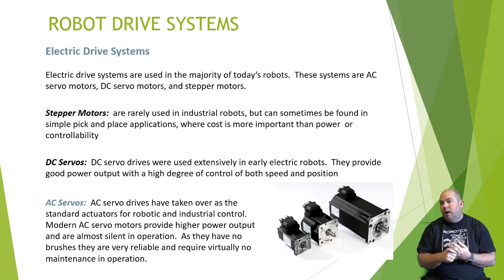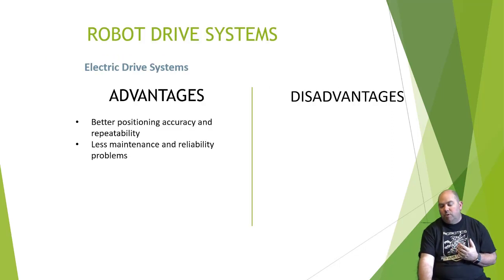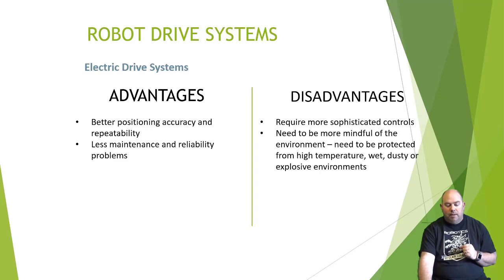AC servos are now basically the way that everything is done now. So AC servo motors using encoders for feedback. The advantage of these, very good positioning and accuracy, not very much maintenance, very good reliability. Disadvantages, they actually take some sophisticated control systems, but that is what you're learning in this program, is basically how to control these things.